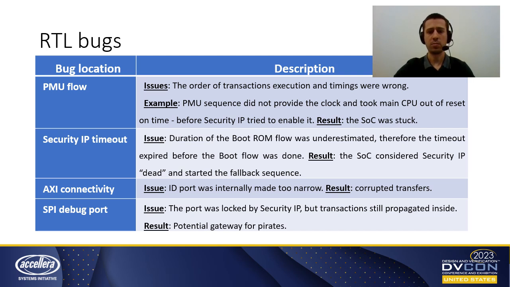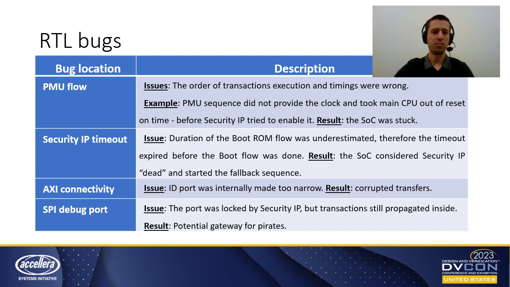As I mentioned, part of the power up sequence that the security IP executes is to notify the PMU that it is up and running, but this default timeout was made too short. So basically the boot flow wasn't done yet, the timeout already expired, and the PMU started executing the fallback sequence because it thought that the security IP is dead.